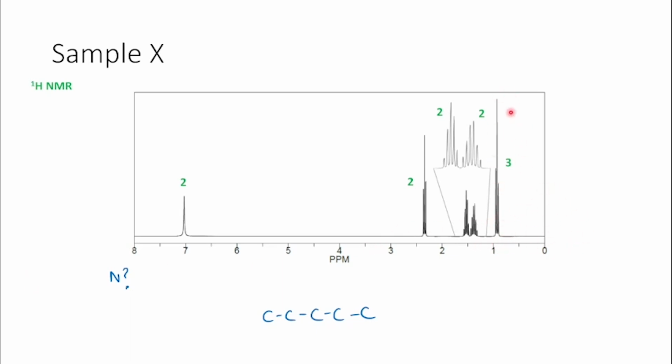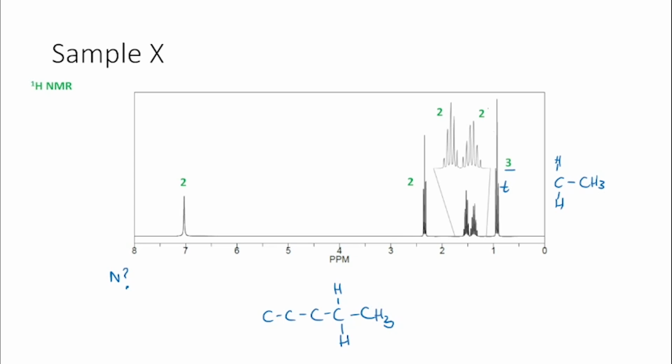And I'm looking always for this signal here because it's a really easy signal to pick up. It integrates for 3 and is a triplet. So it's probably a CH3 group next to a CH2 group, next to 2 other protons. And this is something I can put in straight away to my molecule. That should be a 3 there.